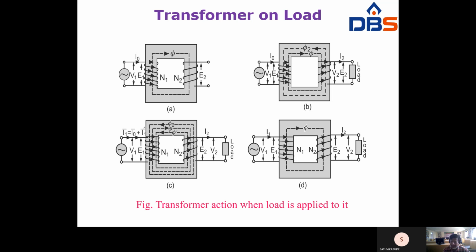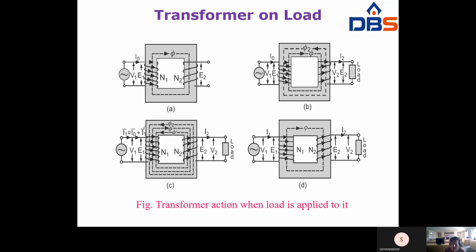That flux is the secondary flux, indicated as pi 2, flowing from secondary winding to primary winding. Look at the figure. This is the primary flux pi, flowing from primary to secondary, and because of I2 the secondary flux pi 2 is flowing. Now coming to figure C.